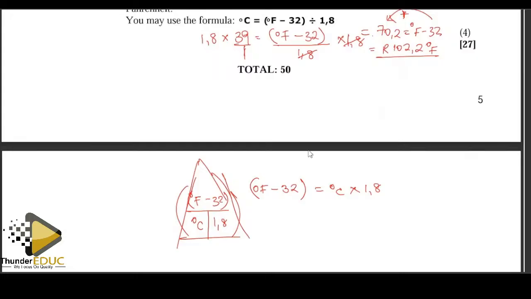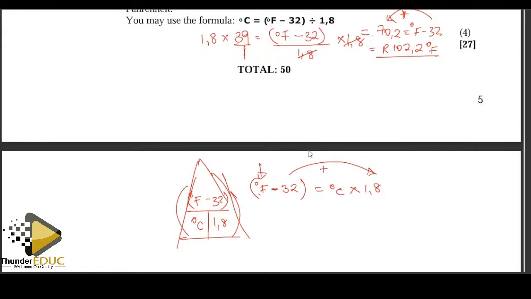You understand? I'm just letting you know how we do the creation of formulas, right? Making F the subject. Now, I'm looking at this, it is a minus, and we are looking for F, so we want F to remain alone. That means this one has to jump the equal sign. When it jumps, because it's a minus, it becomes a plus.